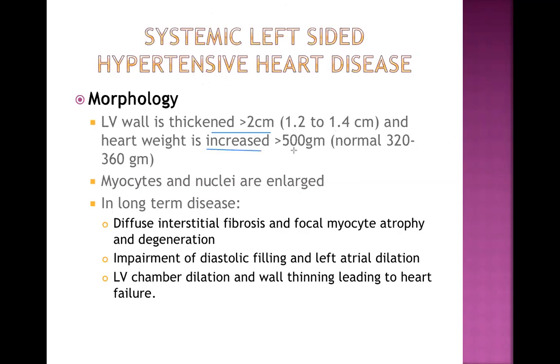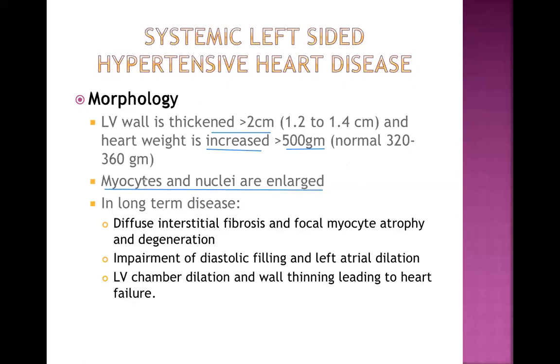It has become more than 500 gram now. Normally it is 320 to 360 gram. This is just of theoretical importance. Practically, if you see the wall very thick, that's enough for us, and if you measure, it would be more than 2 centimeter. Another one, myocytes and nuclei are enlarged. This is a microscopic appearance.